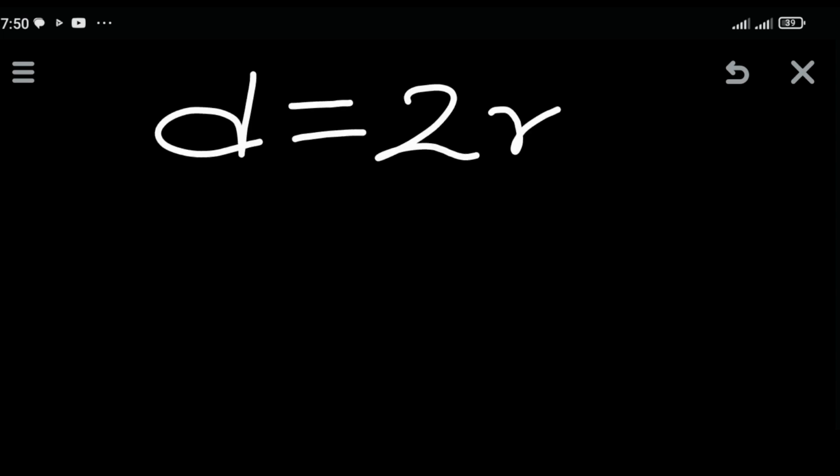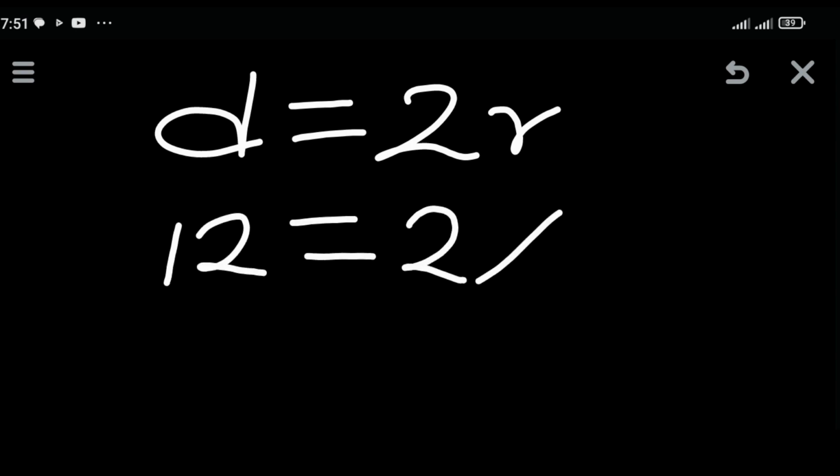Recall from our previous video where we explained about the diameter, that diameter equals 2r, 2 times the radius. So given our diameter D to be equal to 12 inches, 12 will then be equal to 2 multiplied by radius.